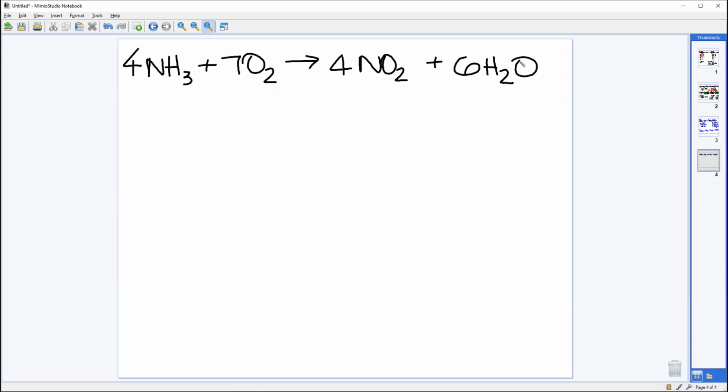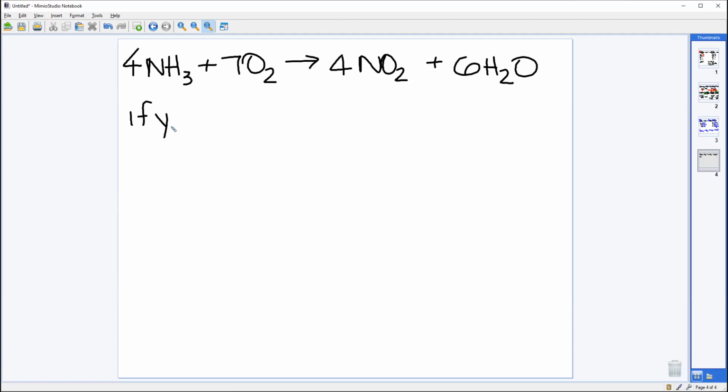Okay. Now, on a limiting reactant problem, what that means is that something is going to run out first. You're going to run out of one of your reactants before you run out of the other one. Okay. So a limiting reactant problem is going to be set up a little bit differently. It's going to be set up something like this.